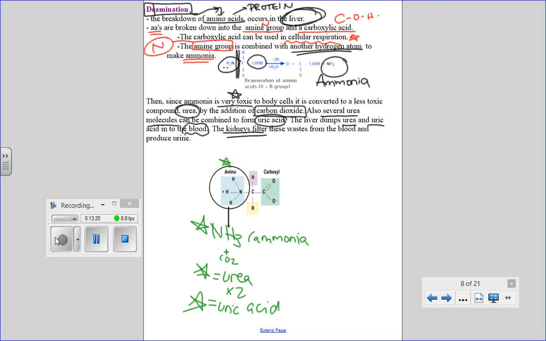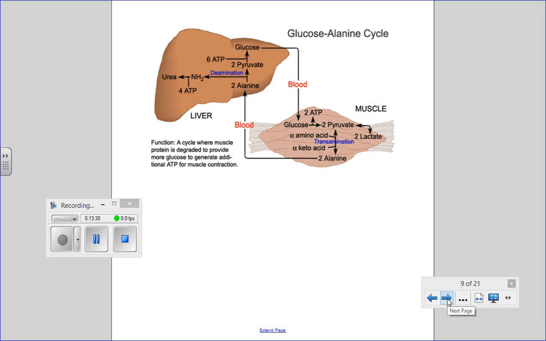Now the next slide has a picture just to show you that bit I mentioned before about cellular respiration. I don't expect that you would draw this whole picture. I just wanted to illustrate how I could take a piece of an amino acid and use it in cell respiration. So I'm just going to highlight here, there's deamination happening.